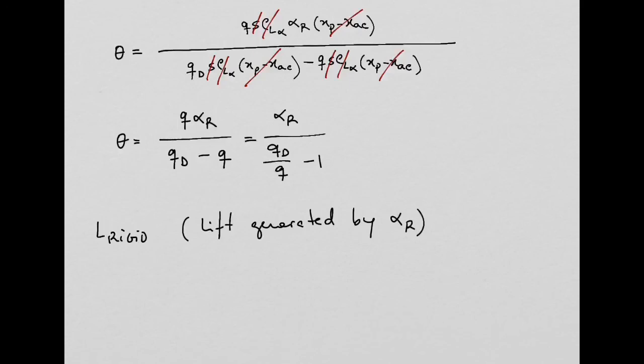It is the lift due to the aerodynamics, considering the wing as rigid, yeah? And then we are going also to consider a variation in lift due to this aeroelastic angle theta because of the deformation of the wing. And what I'm going to do next is to see the ratio between the change in lift over the rigid lift. Okay?